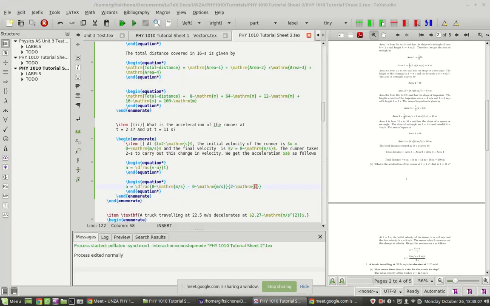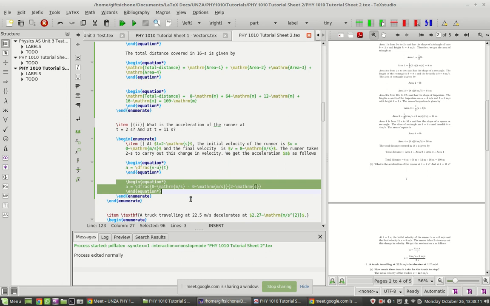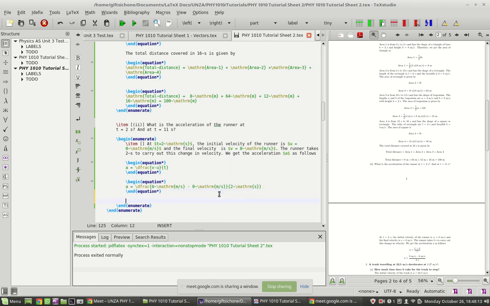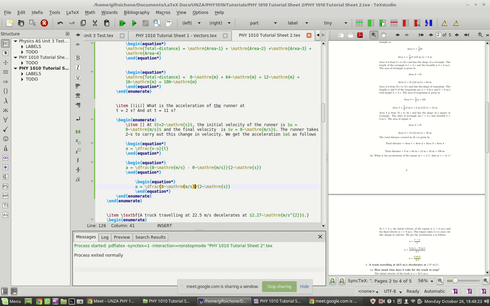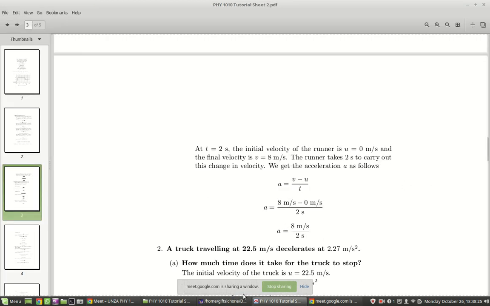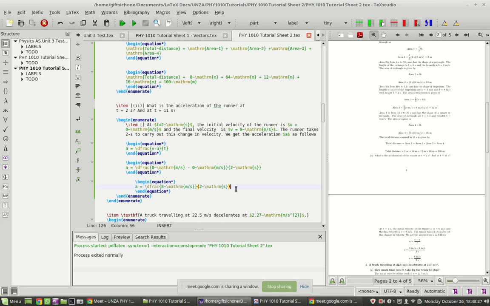That gives us something like that. So how much is our acceleration? 4 meters per second squared.